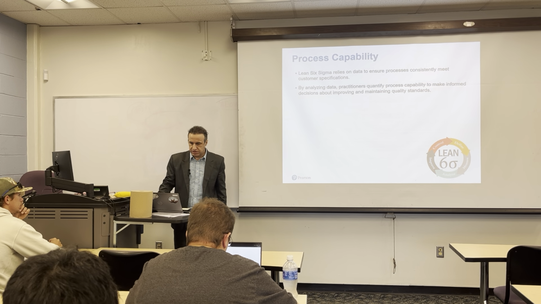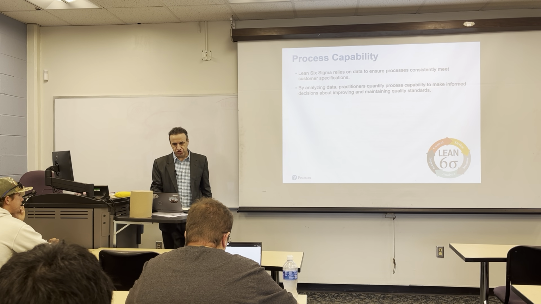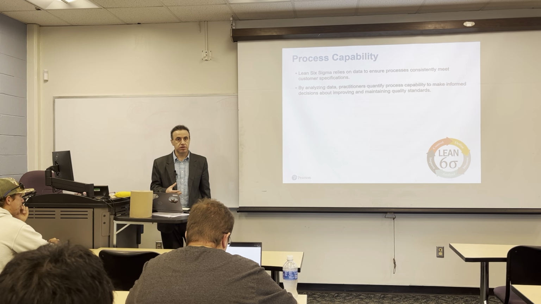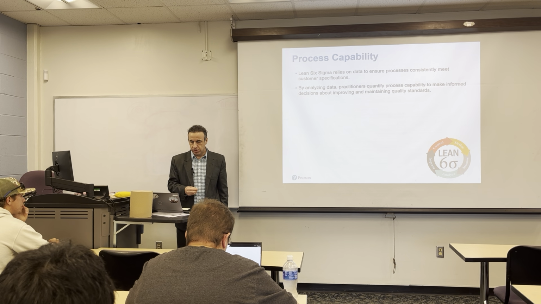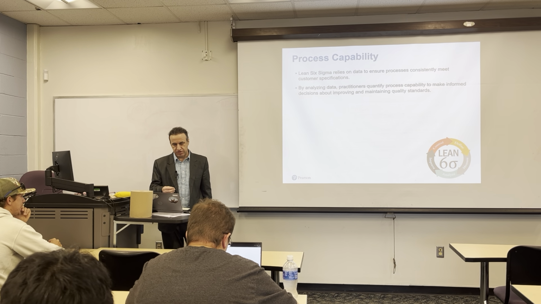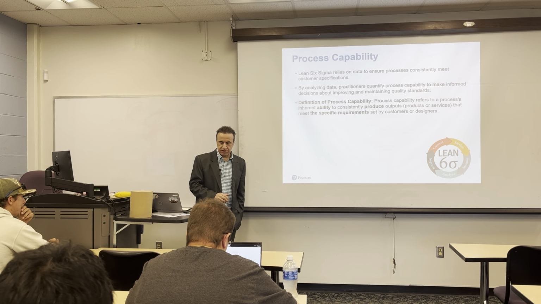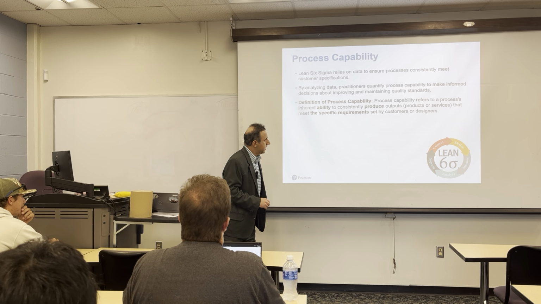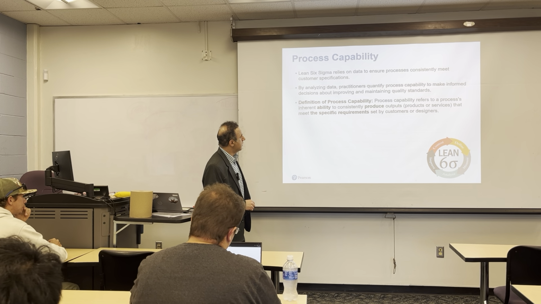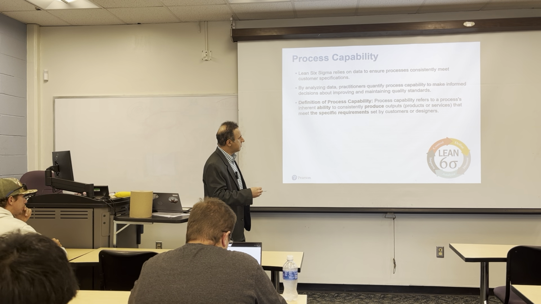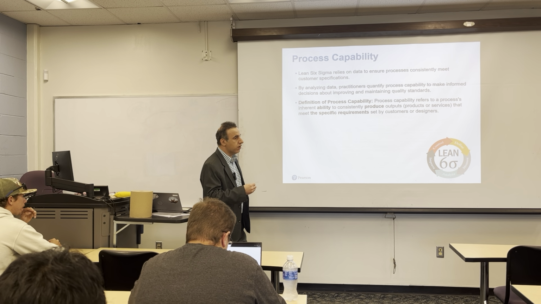So by looking at the data, then engineers quantify whether the process is capable. It's capable to improve or maintain the quality standard. What is the process capability? That means whether your process is going to consistently produce output.